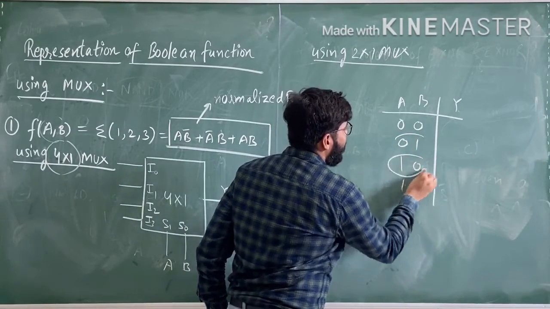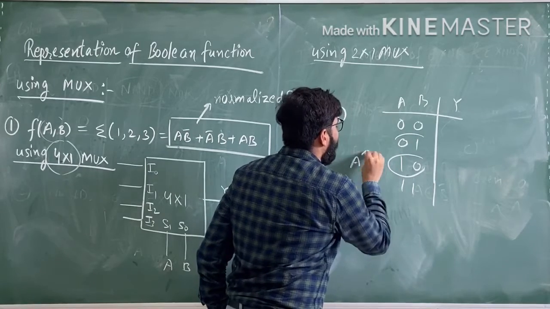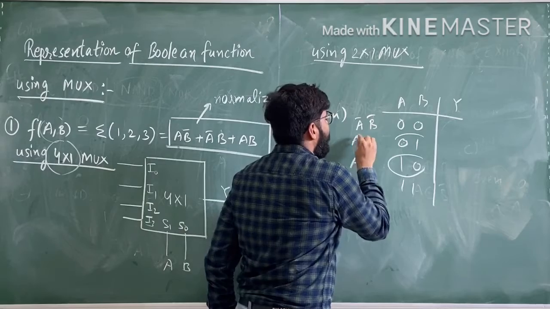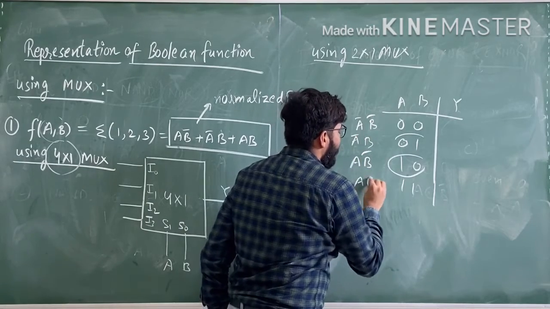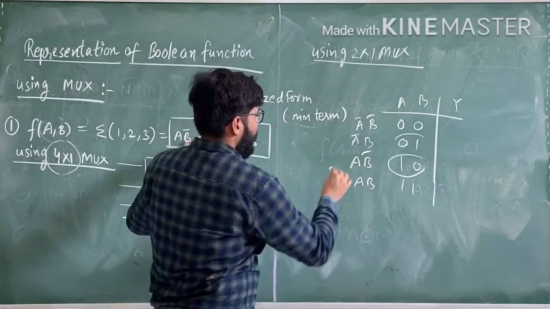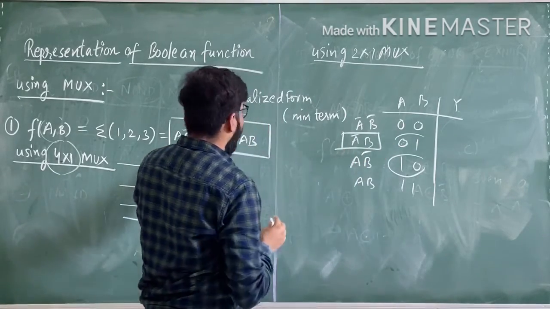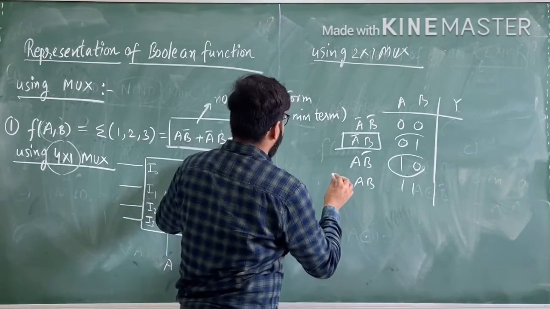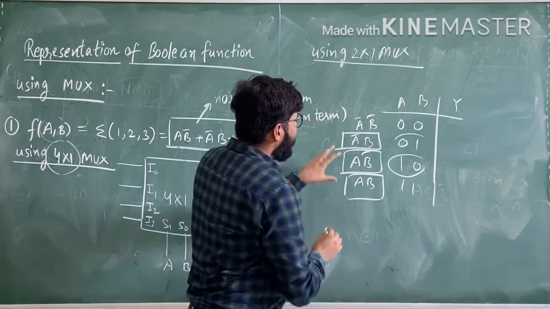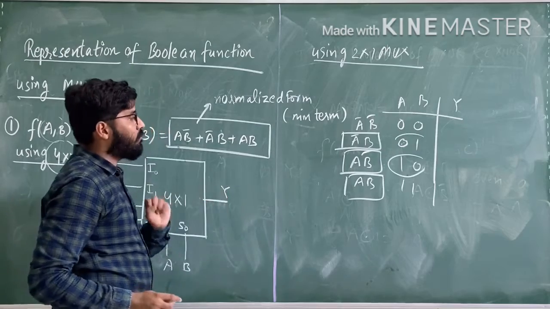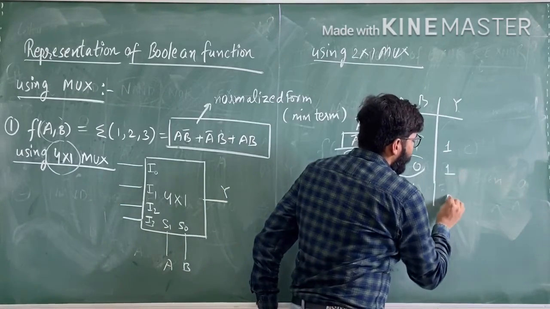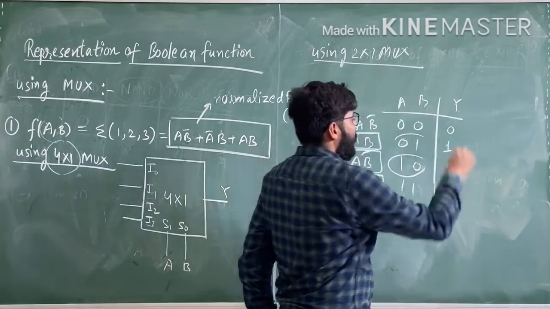So a b complement is this, a complement b is this, and a b is this. In these 3 cases we get output 1 only. So we put the output as 1 1 1 here and 0 here.